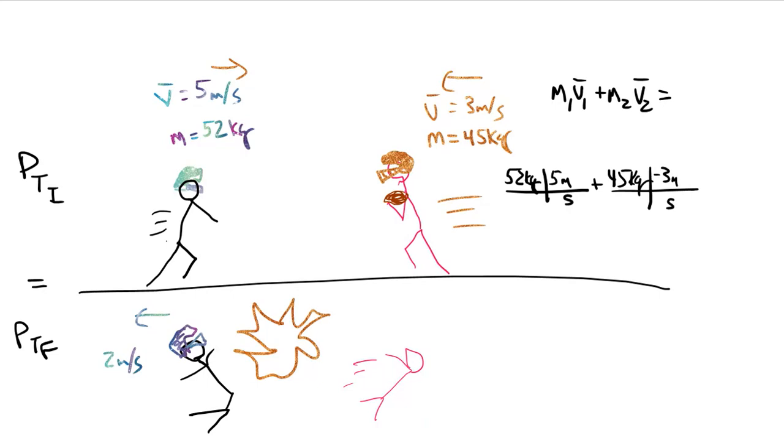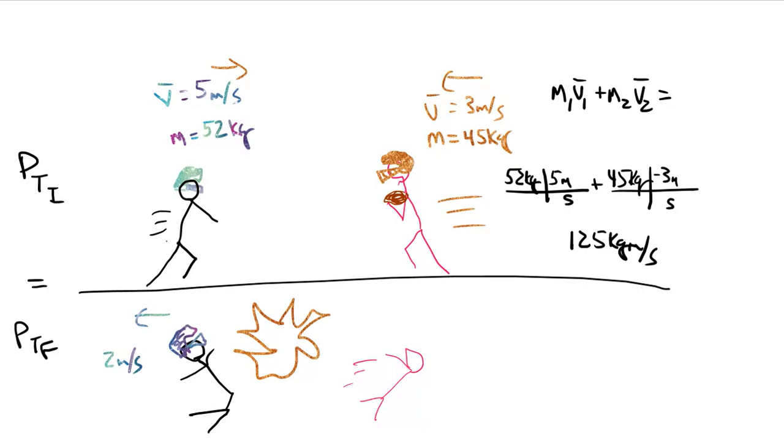There's a positive momentum to the right and a negative momentum to the left. 52 times 5, plus 45 times a negative 3. I get a total momentum of positive 125 kilogram meter per second. So that's their total momentum.